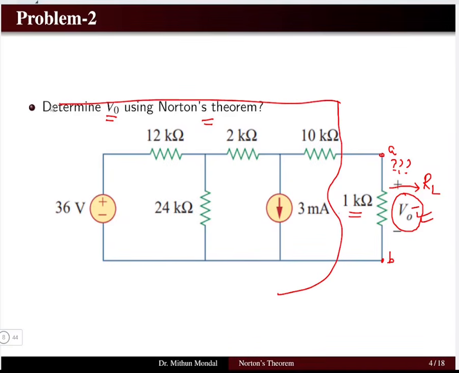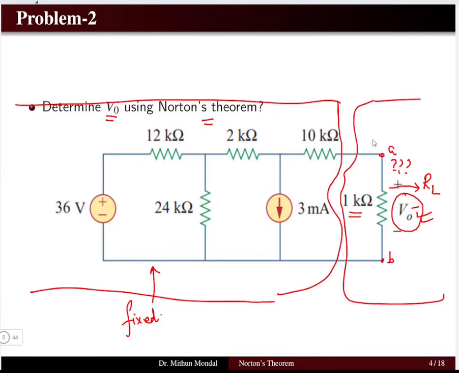This part is the fixed part of the circuit, whose Norton equivalent current and resistance we have to obtain, and this is the variable part of the network, or the load terminal, which will be reconnected once we obtain the value of the Norton circuit.